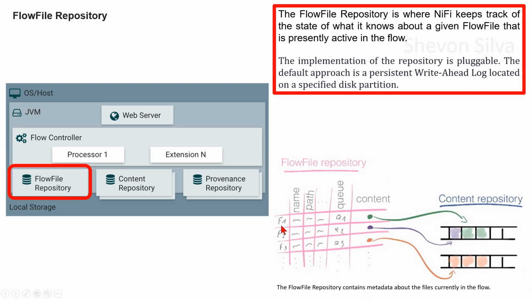For each flow file that currently exists in the system, the FlowFile repository stores the FlowFile attributes, a pointer to the content of the flow file, and the state of the flow file, for example, to which queue the flow file belongs at this instant.